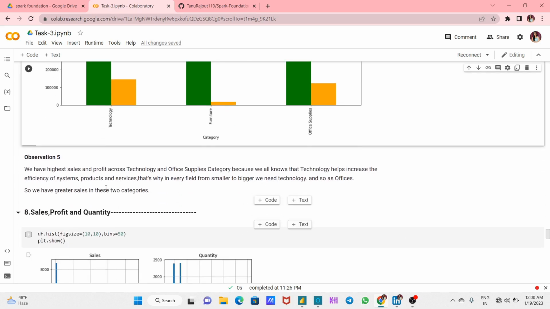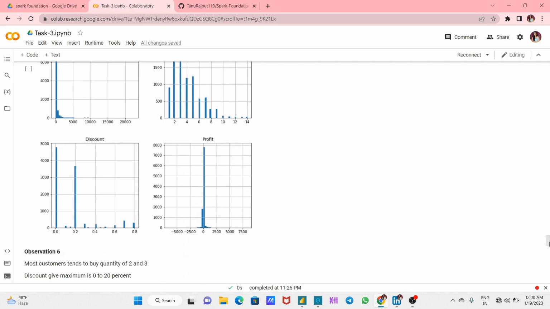We have highest sales and profit across technology and office supplies categories, because we all know that technology helps increase the efficiency of systems, products and services. That's why in every field from smaller to bigger we need technology, and so as office, we have greater sales in these two categories.